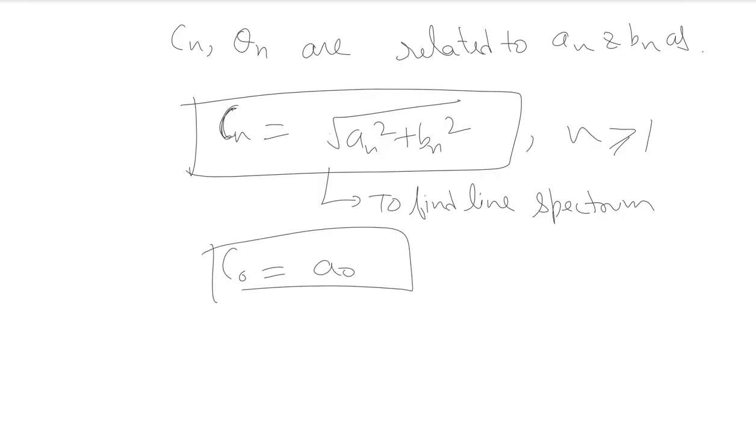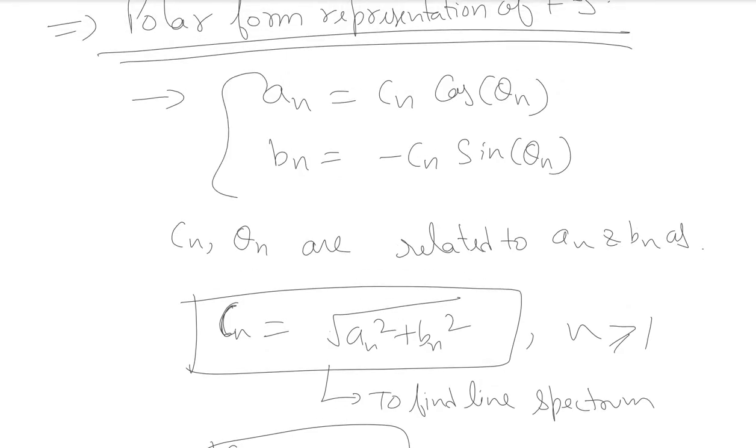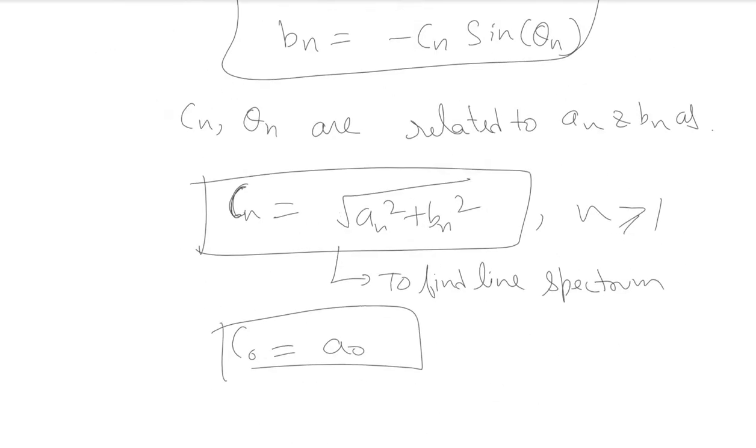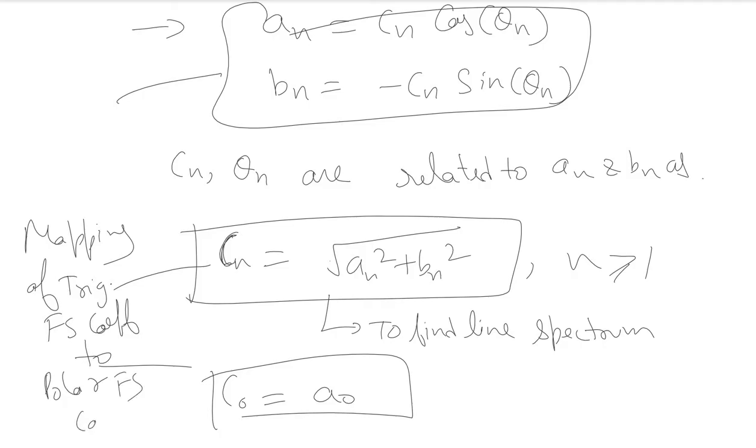So in this way we can map the trigonometric Fourier series coefficients to the polar form coefficients.